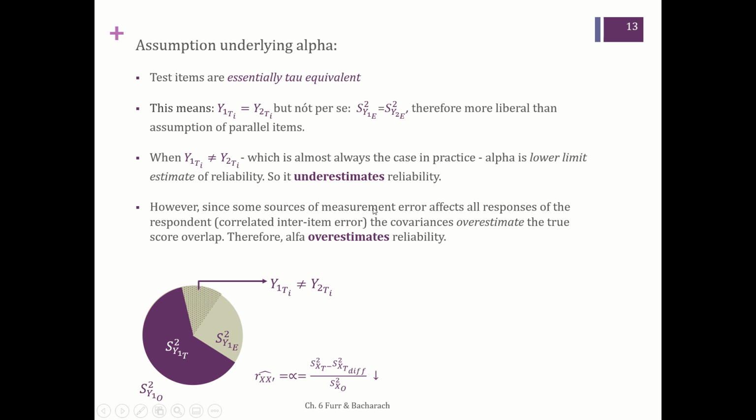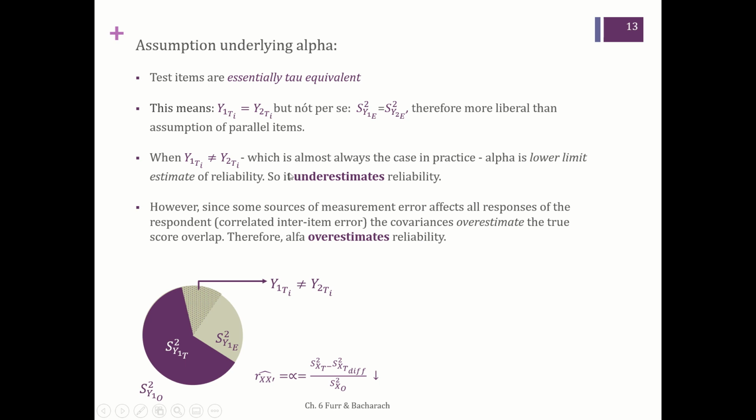Because it's affecting all items, it appears to be something systematic. Cronbach's alpha will also think that it's systematic because it's influencing all items. Because of that, measurement error with Cronbach's alpha can lead to overestimation of reliability. So if there's no measurement error at all, yes, Cronbach's alpha is a lower bound estimate, but since measurement error is always a possibility, you could well have an overestimated reliability.